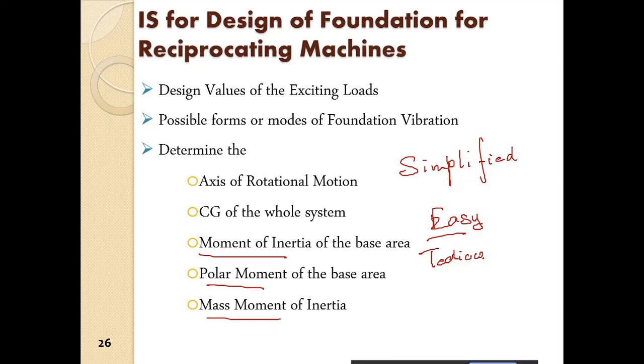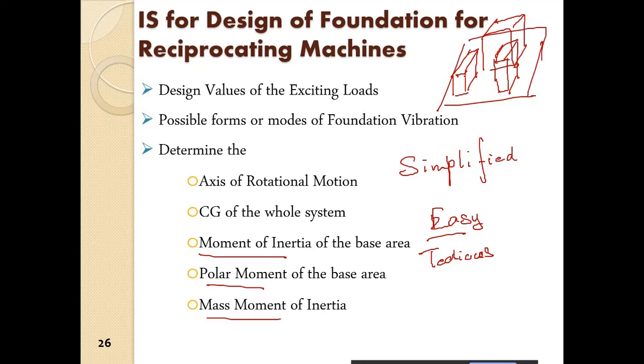When the foundation is complicated, suppose there is a foundation block standing here, then there is another block here, then another block on the other side. Generally the machine foundations are of this kind of block nature.